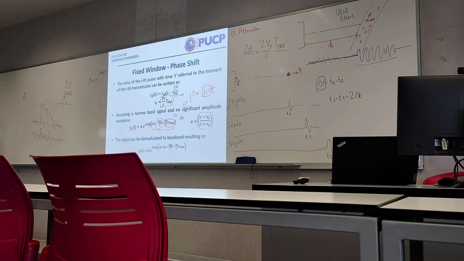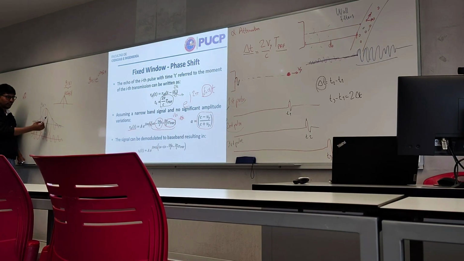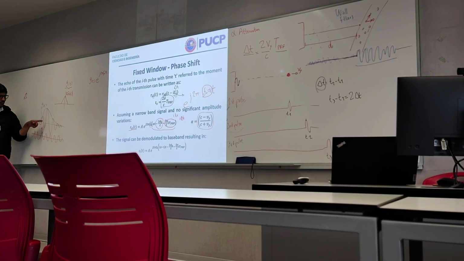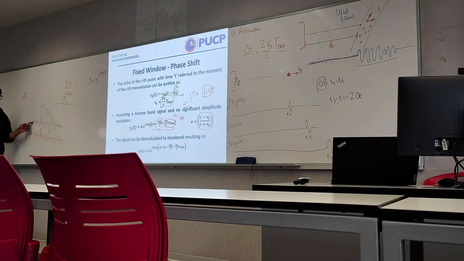Okay, so when I talk about demodulation, it's the process of going from this red modulated signal to the blue signal. What can we do to obtain the blue signal from the red oscillating function? What can we do to this red signal?